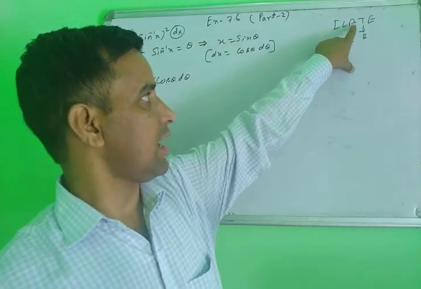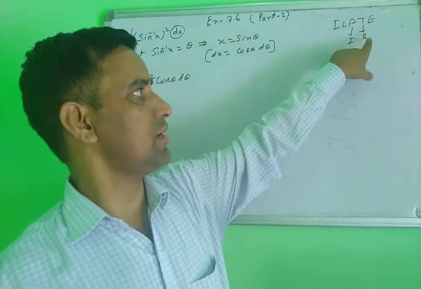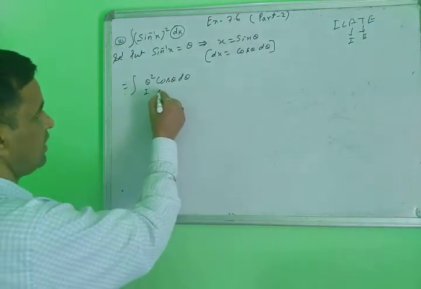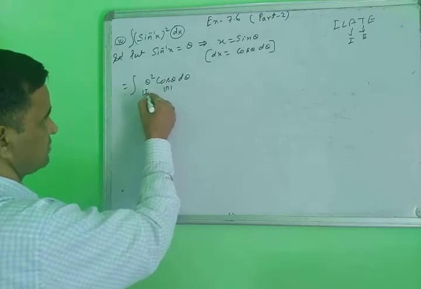According to the rule, algebraic function is first and trigonometric function is second. So this will be the first function and this will be the second function.